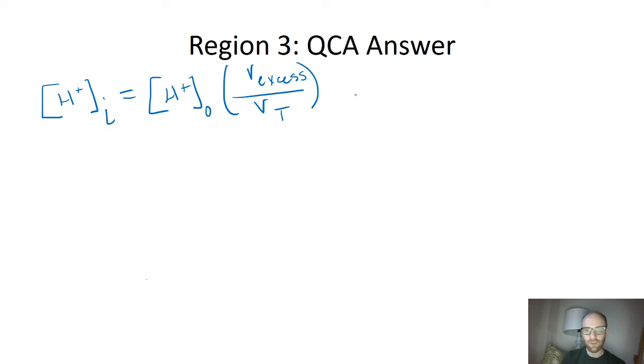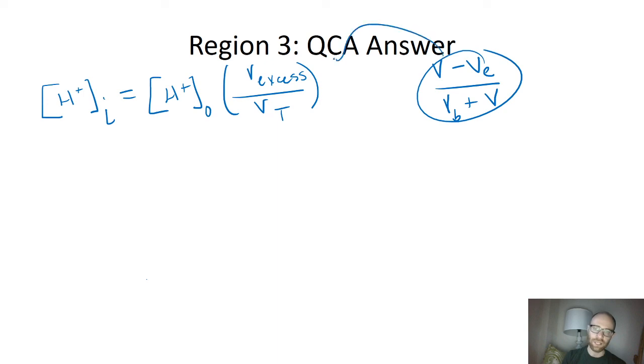That's going to be equal to the original concentration times the volume added minus the equivalence volume, over the volume of base plus the volume added, because we're doing the total volume of stuff we have. This is the fraction that goes in here.